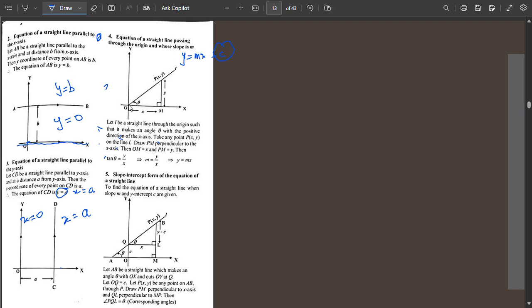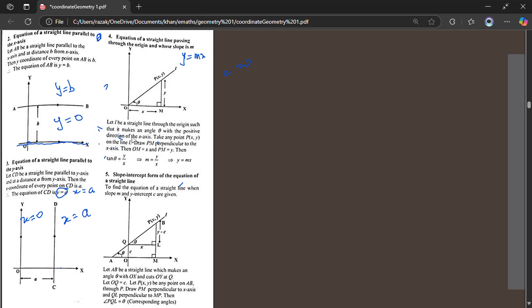Once it passes through the origin, the intercept is 0, so c is equal to 0. Because c is equal to 0, the equation becomes y equal to mx. To find the equation of this line, you use m equal to y over x, and that is it. The equation will be of this form.